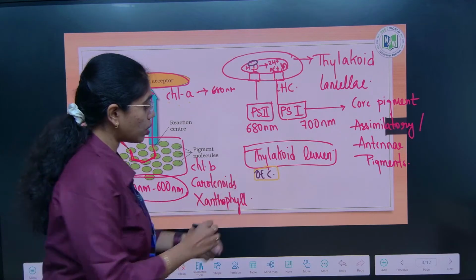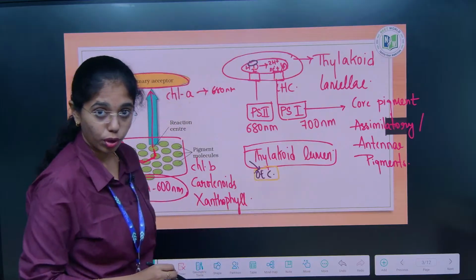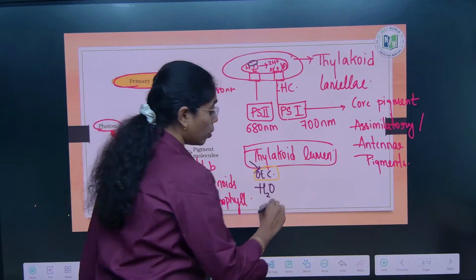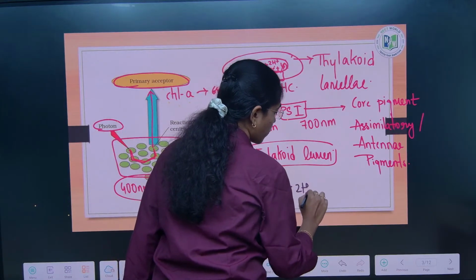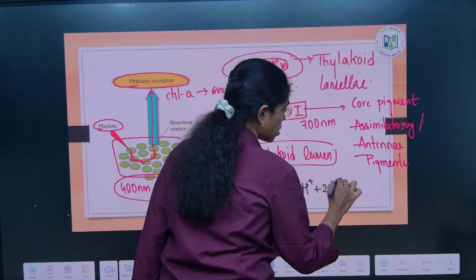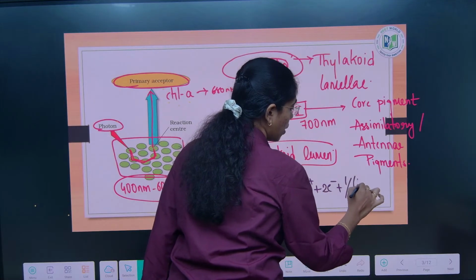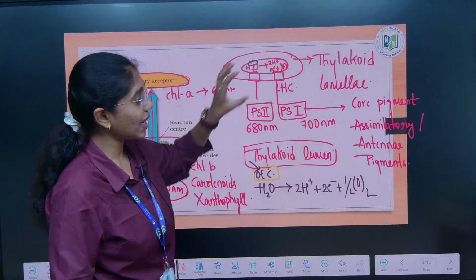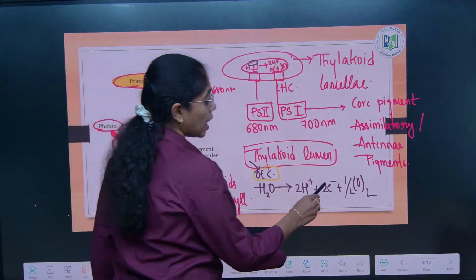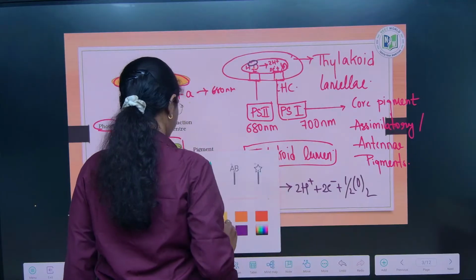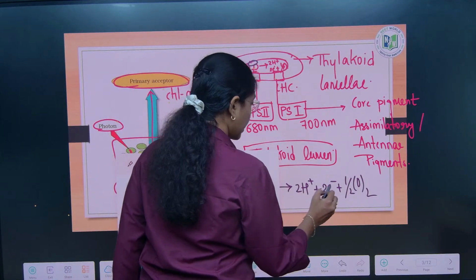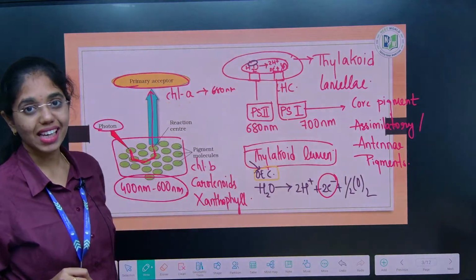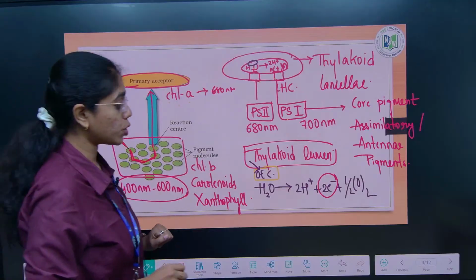This complex utilizes the energy from photons and it lyses the water molecule into protons, electrons and oxygen molecule. Okay? So, protons are present inside the lumen, but electrons get excited into the photosystems.